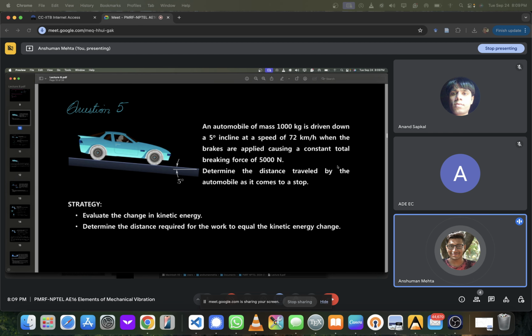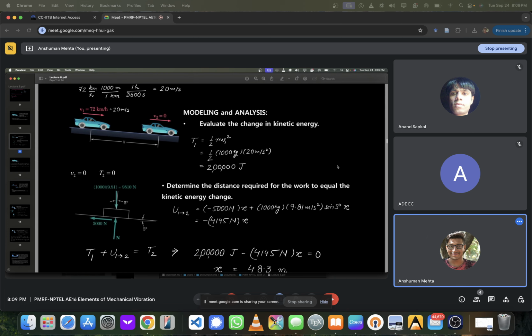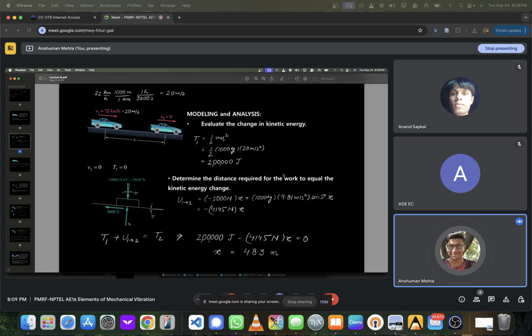We'll go step by step. So first step is to evaluate the change in kinetic energy. So let's see what is happening. So let's say it has moved up to x meters.